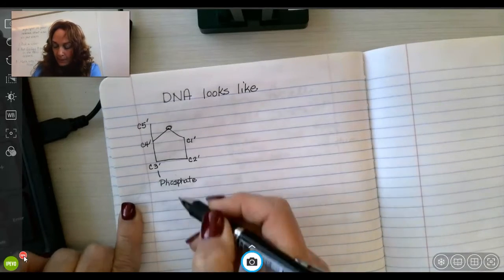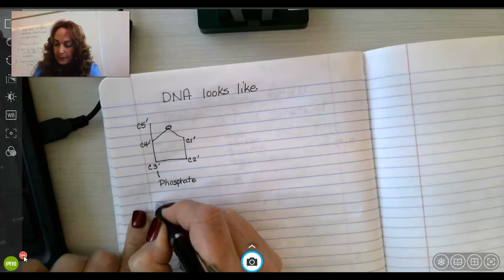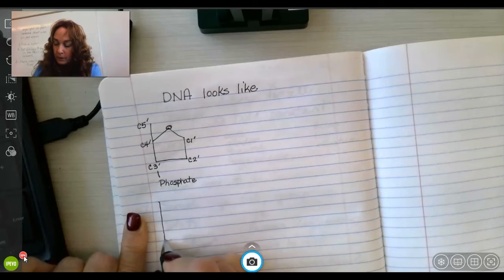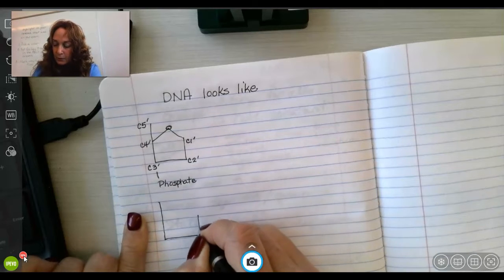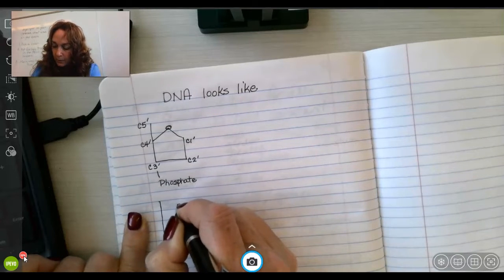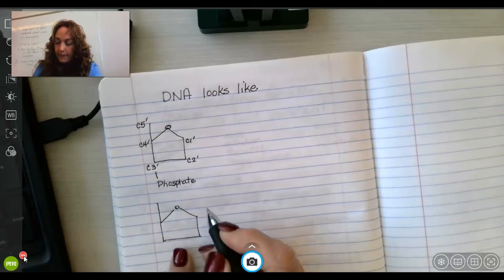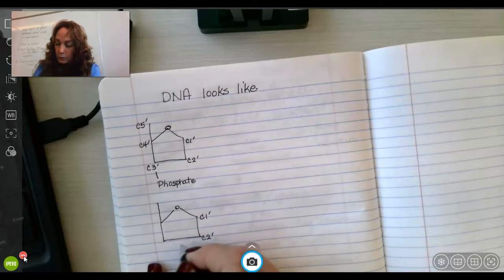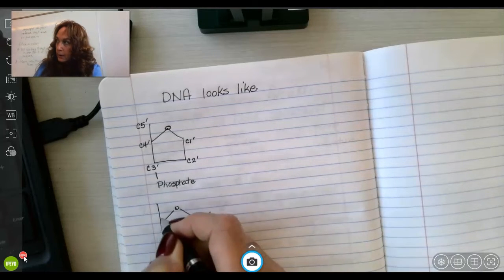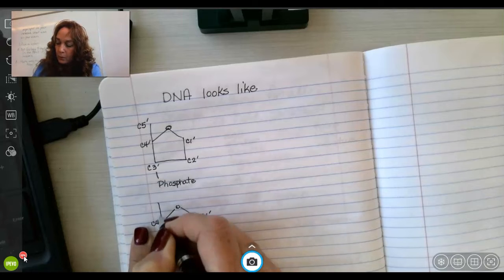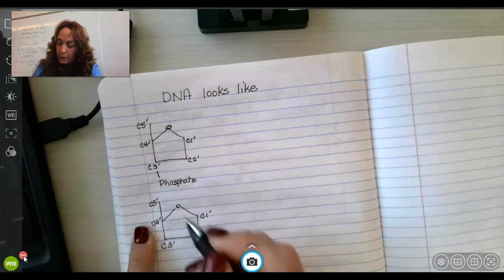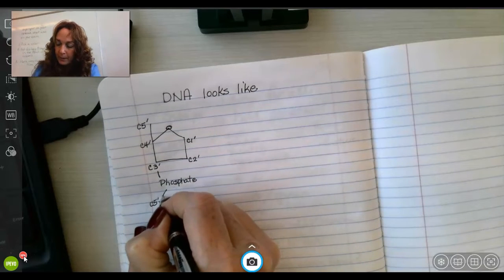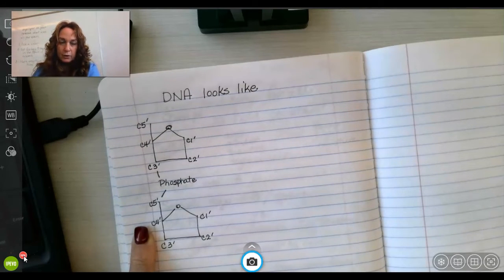And then I'm going to draw my next sugar. I'm going to do the same thing I did before. I'm going to go down through here, make my chimney, make the base of my house, and put my oxygen at the top. I'm going to number: that's my 1 prime, 2, 3, 4, and the weird one up here on the top of the chimney. And that's where the phosphate binds to the next sugar.